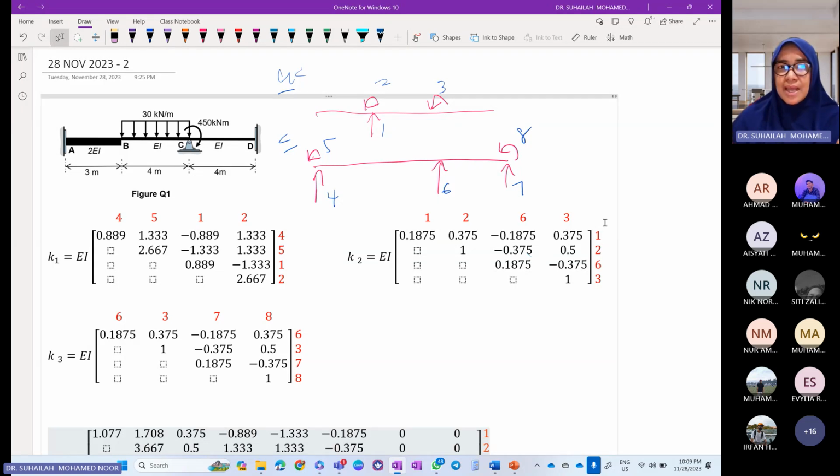That is why C is a node. Besides support and the end of the structure, we also have a cantilever end, a beam with a cantilever end.